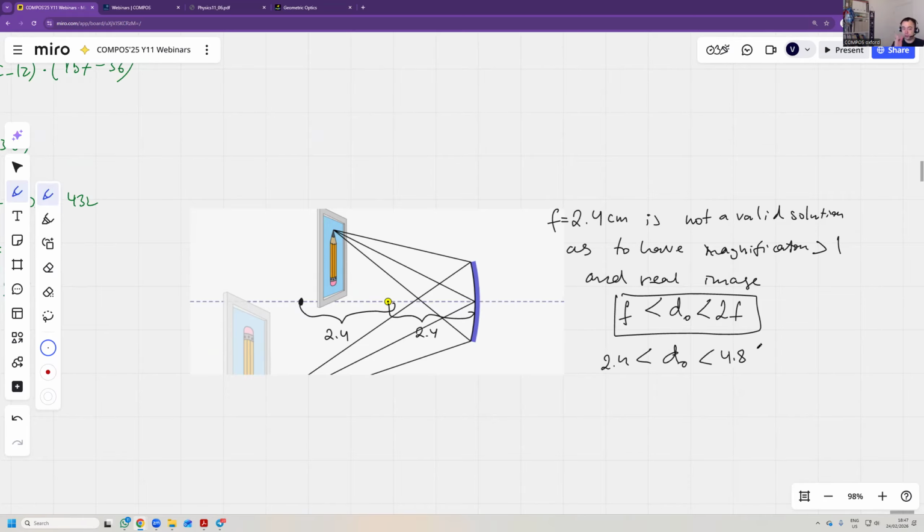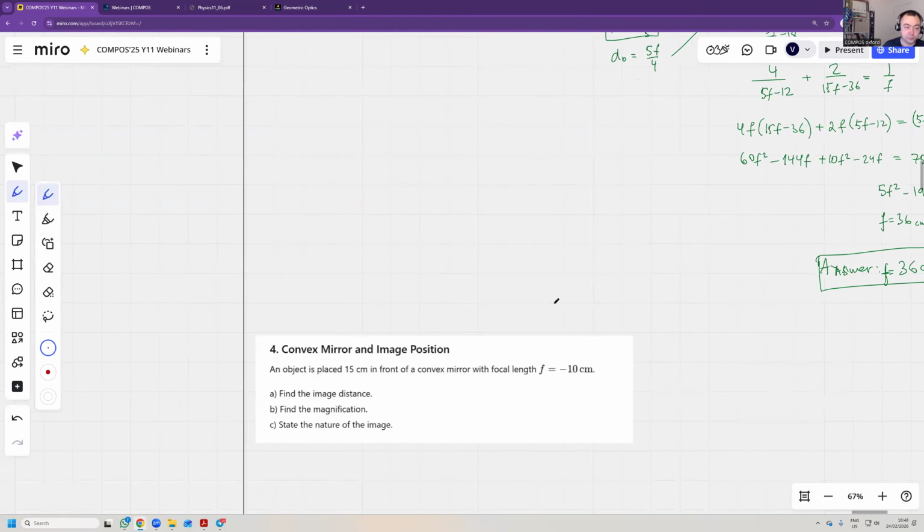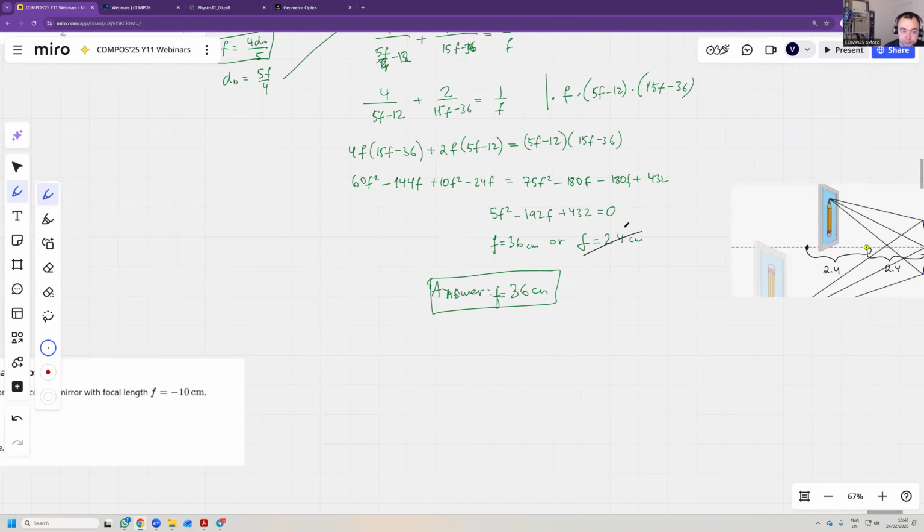But if you are between 2.4 and 4.8, if you move 3 centimeters, you move out of that range. Moving by 3 centimeters takes you out of that range. And that's the explanation. I hope that makes sense. Right, so the answer is 36. So not 2.4.